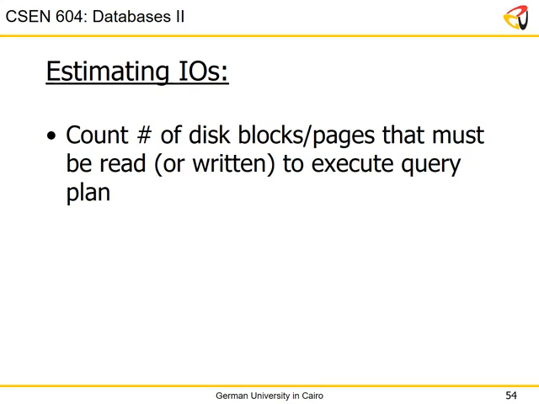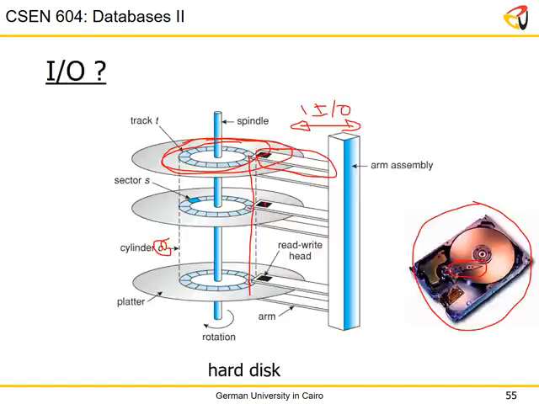So we try to focus on the bottleneck, which is the hard disk arm movement, and that will become our concern. So we will compare physical plans based on the number of I/Os, which is the number of hard disk arm movements, and we'll pick the one that moves the hard disk the smallest number of times.